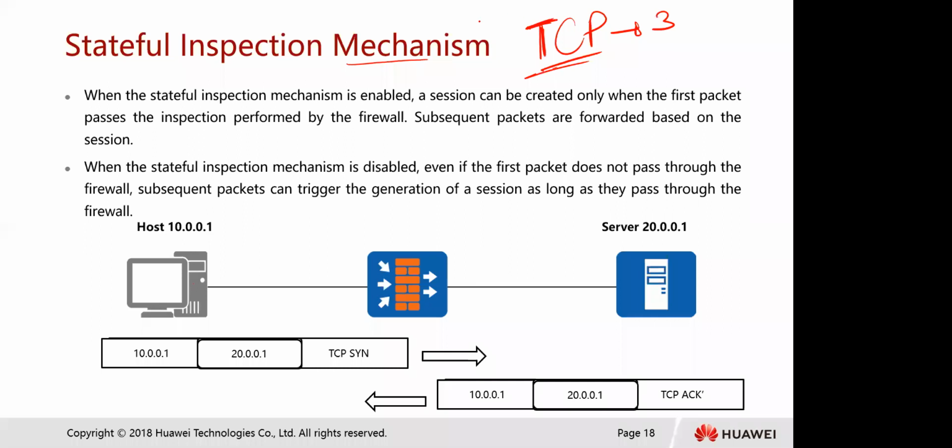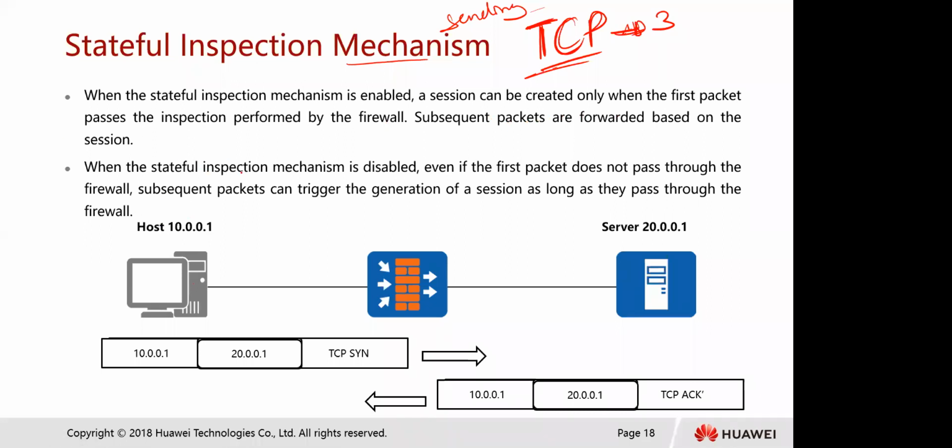Before you even start sending your packets, you need to first establish a connection, right? And for us to establish a connection, we said we need 3 handshakes. So when the stateful inspection mechanism is enabled, a session can be created only when the first packet passes the inspection performed by a firewall, and subsequent packets are forwarded based on the session.